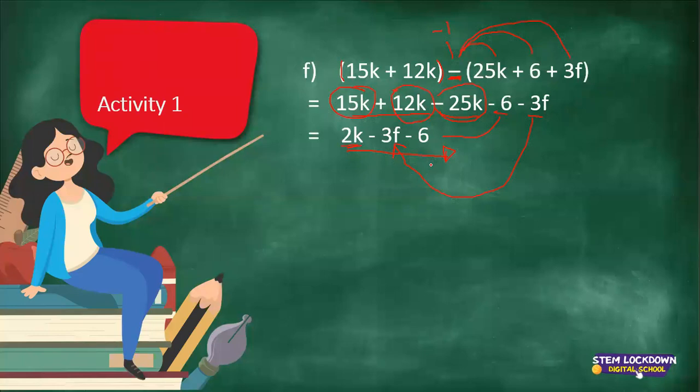In math, it's always simple to first write the terms that have variables first. The variable of 2 is K, the variable of -3 is F, then the constant last. So if your answer is 2K minus 6 minus 3F, this is correct as well. Those two are the same.